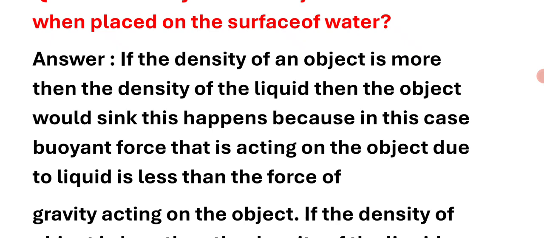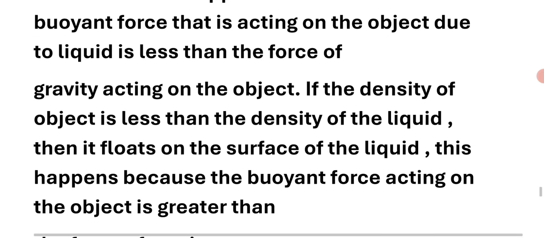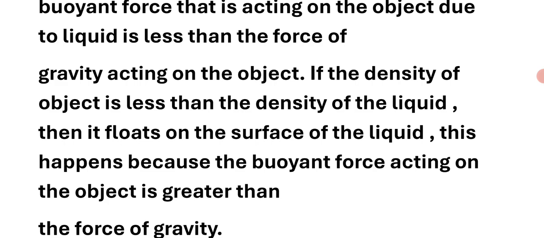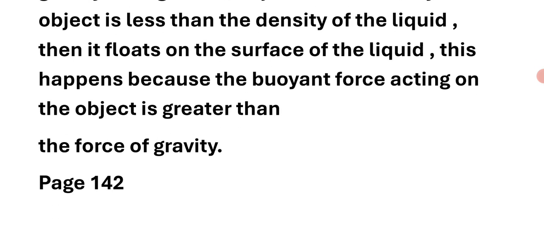This happens because in this case the buoyancy force acting on the object due to the liquid is less than the force of gravity acting on the object. If the density of the object is less than the density of the liquid, then it floats on the surface of the liquid. This happens because the buoyancy force acting on the object is greater than the force of gravity.